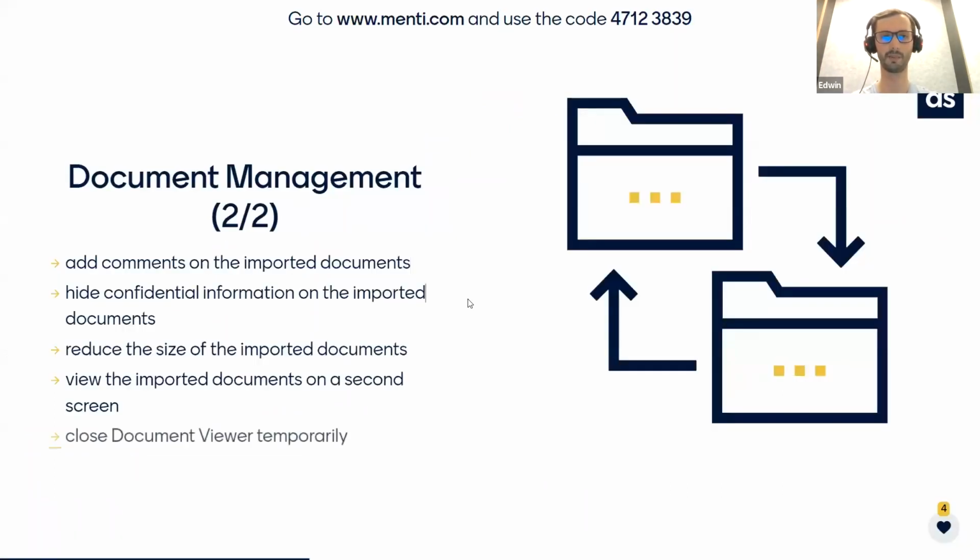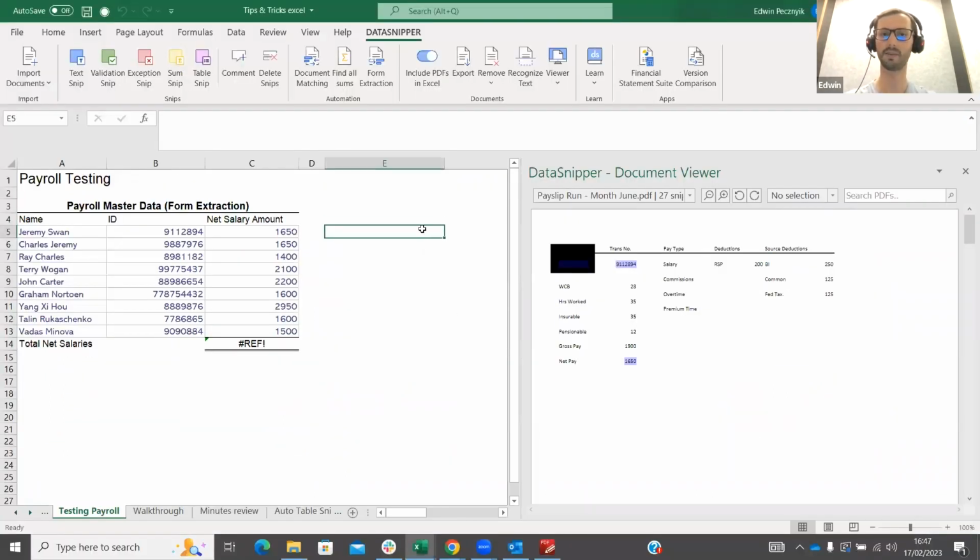Now jumping back to the presentation, let's see how you can close the document viewer temporarily. Let's assume that you don't want to make snips, you are just working on other documentation in your Excel workbook, but since you have documents imported, the document viewer automatically popped up on the right-hand side. You can easily close that temporarily by clicking on the viewer icon on the DataSnipper ribbon.